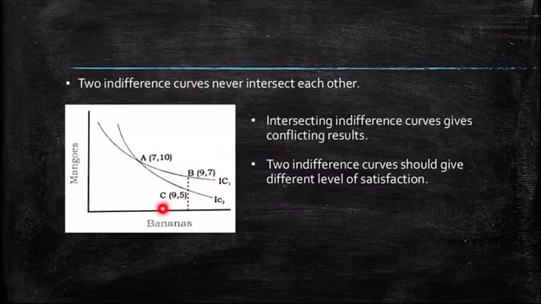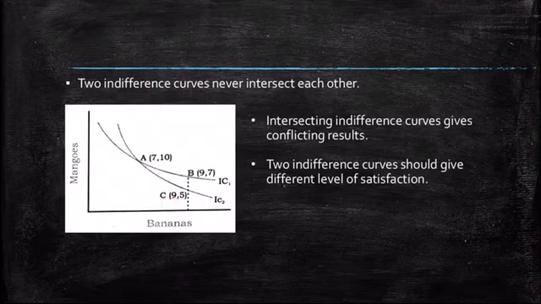In combination C, he is getting 9 units of mangoes, but 5 units of bananas. Without sacrificing any mangoes, in combination B he is getting extra units of bananas. So the consumer is better off at point B than at point C.